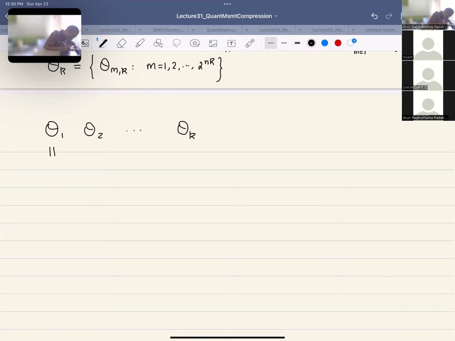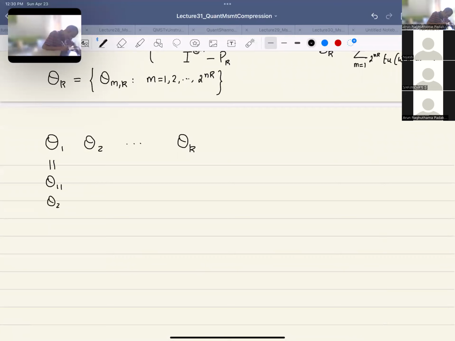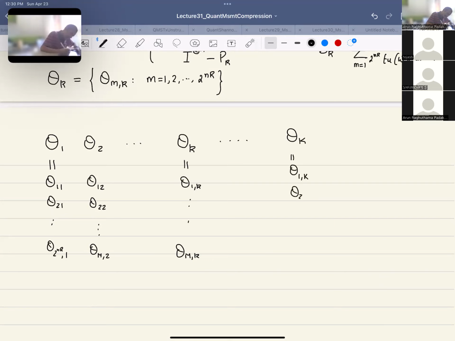So each fellow consists of theta 1, 1, theta m comma k, theta 2, 1, theta 2 power nr comma 1, that is m comma 1, theta 1, 2, theta 2, 2, theta m 2, theta 1 k, theta m k, and the last one is theta capital K, which is theta 1 k, theta 2 k, all the way into theta m k.